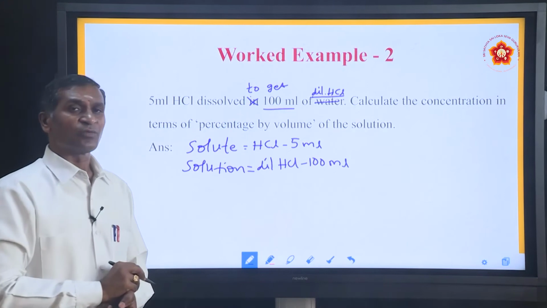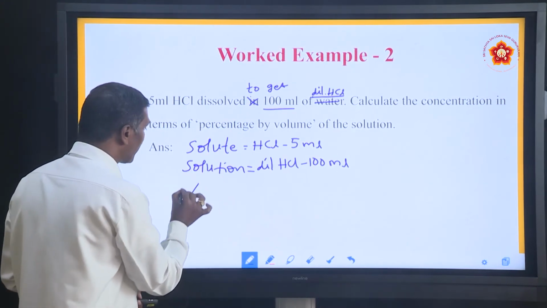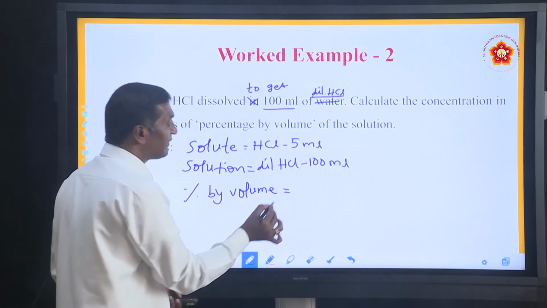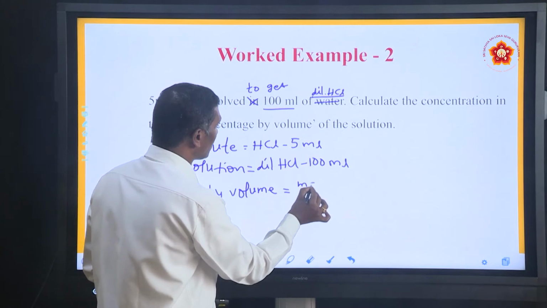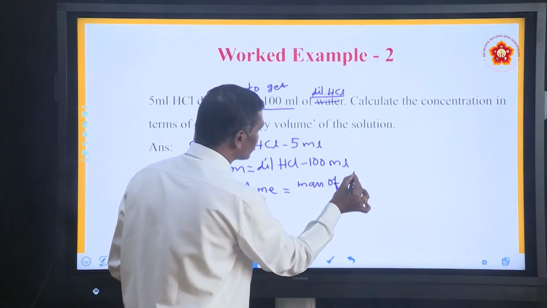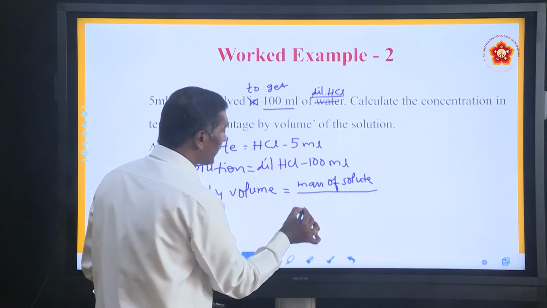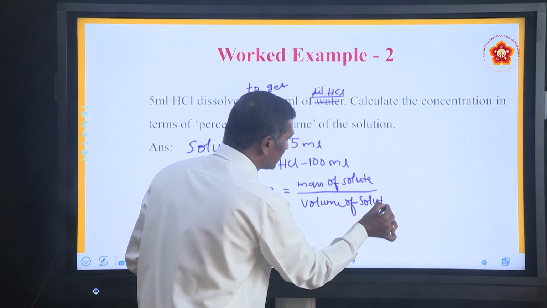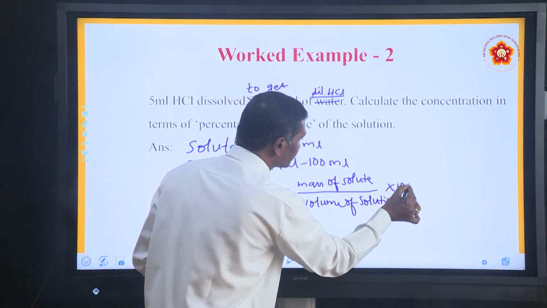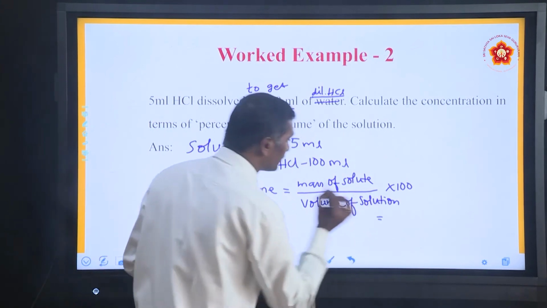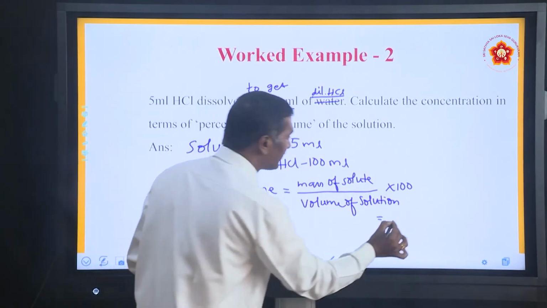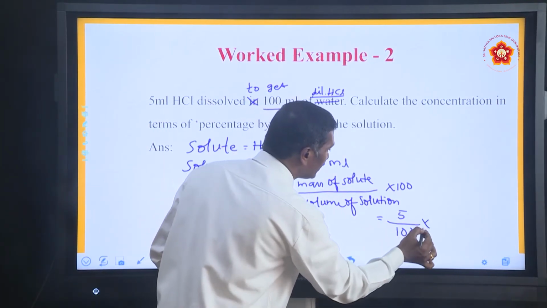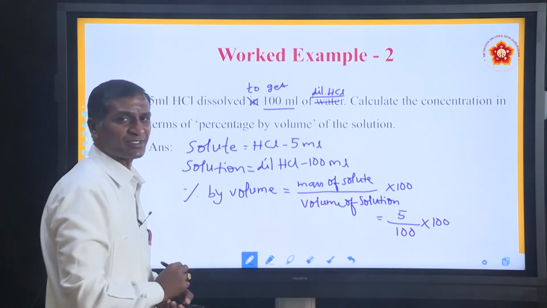So, they have asked you to find the percentage by volume, which is always equal to the volume of solute divided by volume of solution into 100, which is equal to the solute 5 divided by 100 into 100, because the dilute solution is 100.